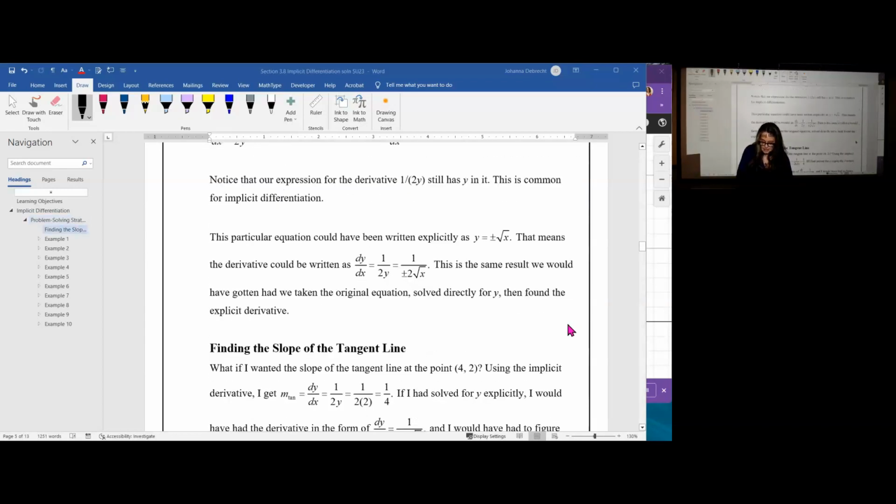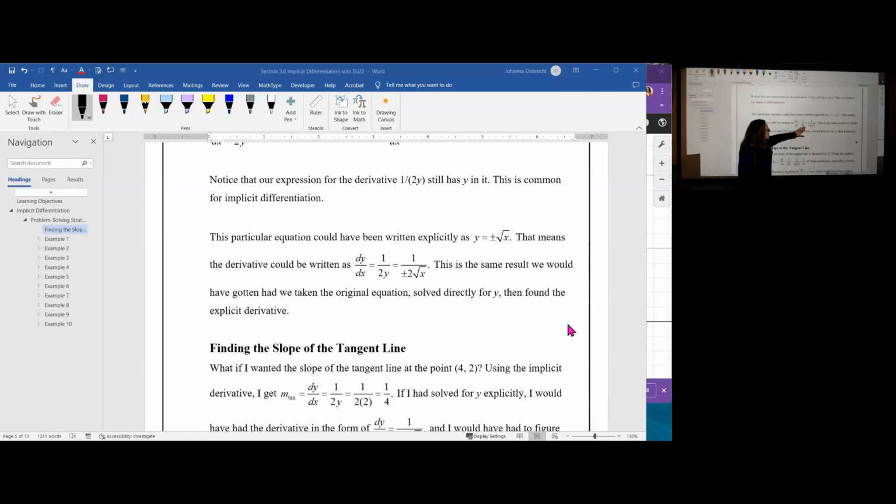If I had taken the derivative after solving for y explicitly, I would still have this plus or minus inside of my derivative. The derivative of square root x is 1 over 2 the square root of x, since the derivative of x is 1. That would still give me a plus or minus.